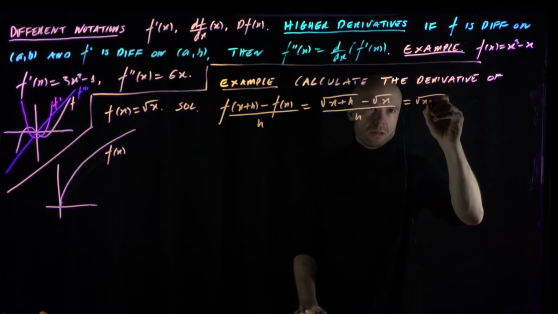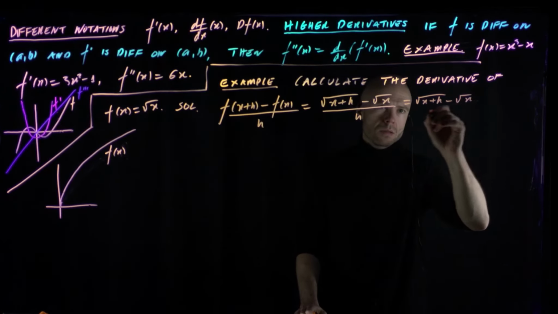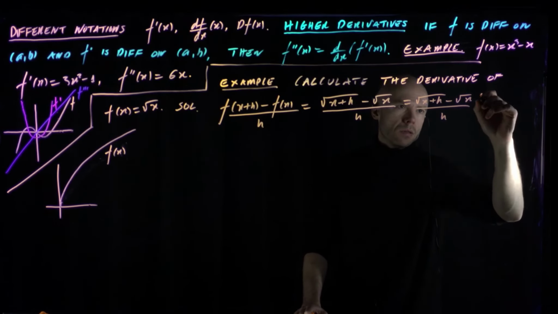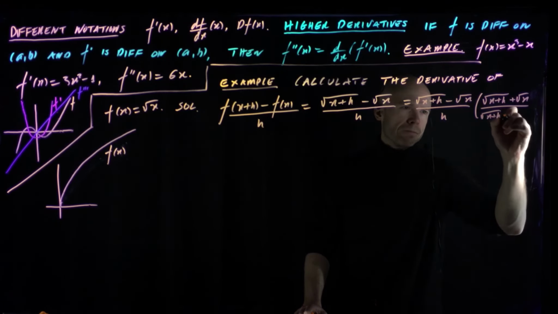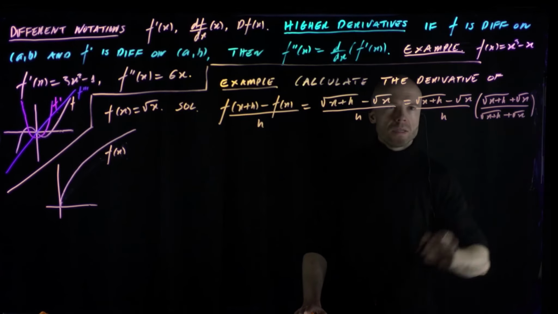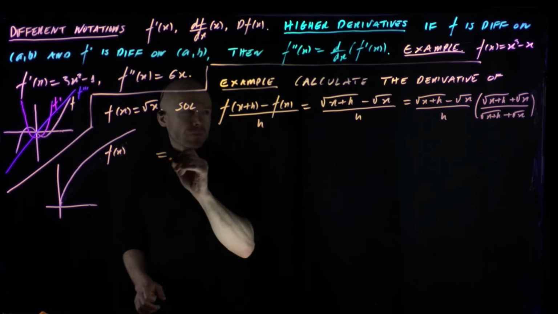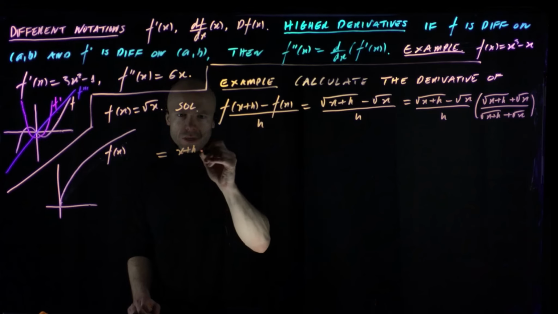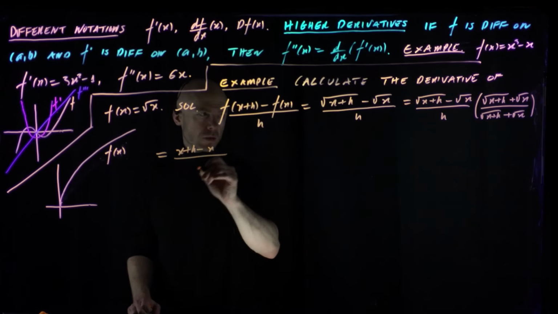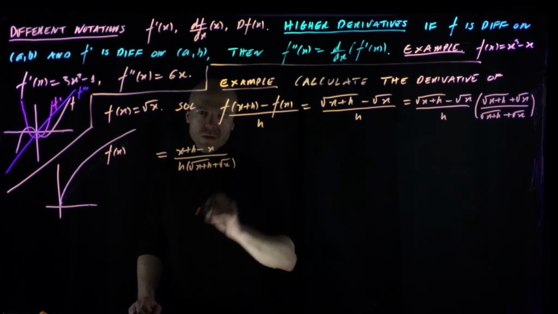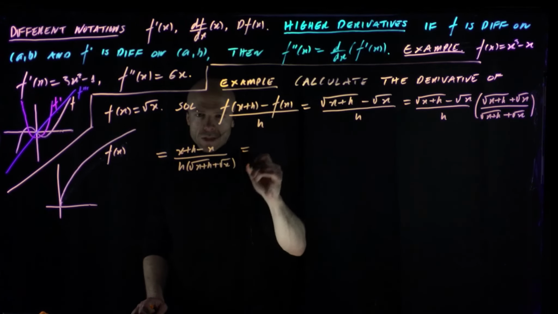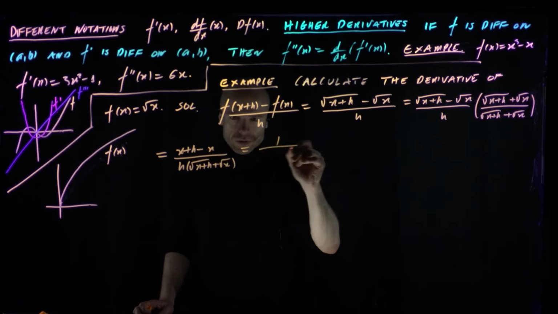So we're going to do this, and we expand that out, and we have x plus h minus x over h, and then the conjugate. The x cancels and the h cancels if h is non-zero, so we have this.